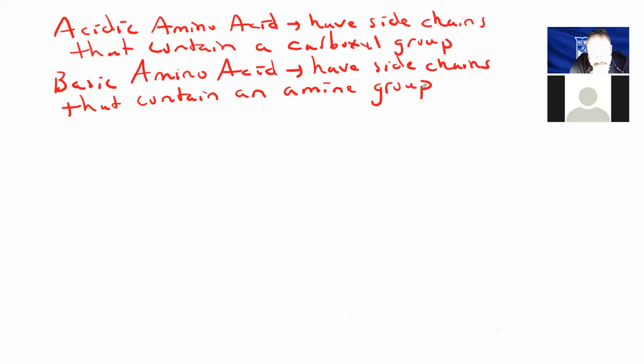So we know what amine groups are. You have nitrogen that has carbon groups attached to it. So your basic amino acids have side chains that contain an amine group.